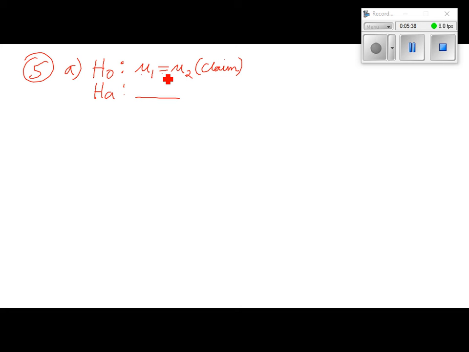Part B says find the critical values. To do that, we're going to use the T-chart. And to use the T-chart, we need to know the alpha, which is 0.10 for this problem. And we need to know that the variances are equal.